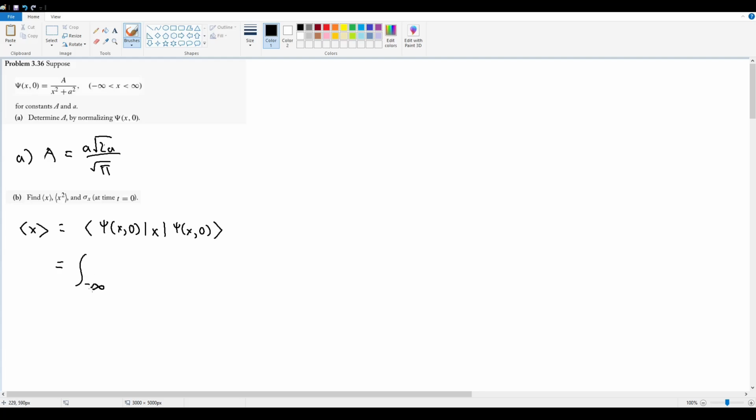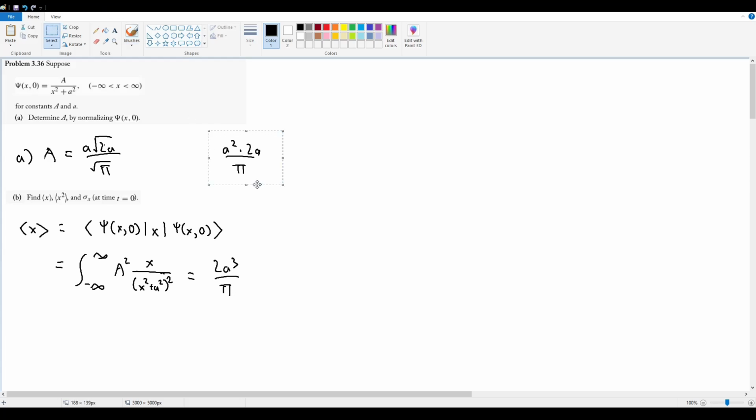This is going to be negative infinity to infinity of a squared times x over x squared plus a squared, like that, squared. Taking the a out, right? This is going to be, what's that? That's like a squared times 2a over pi, so 2a cubed over pi.